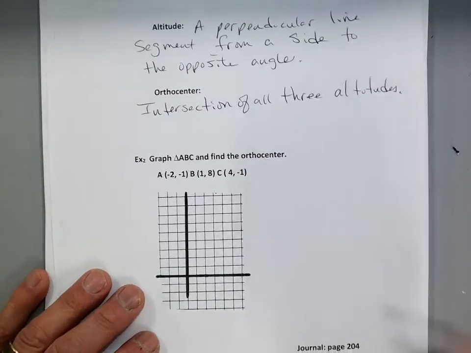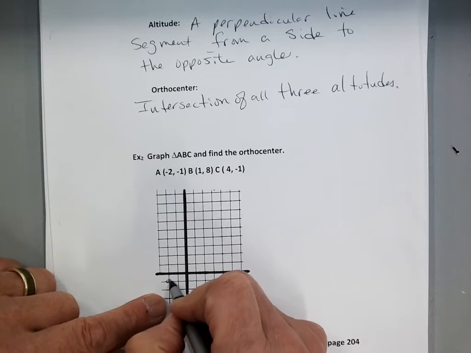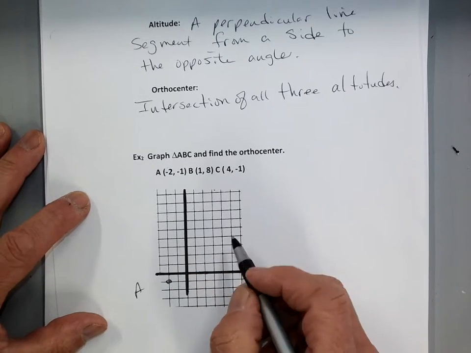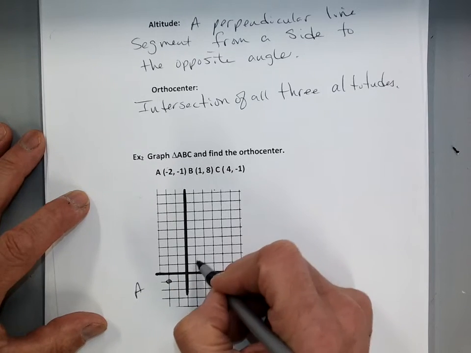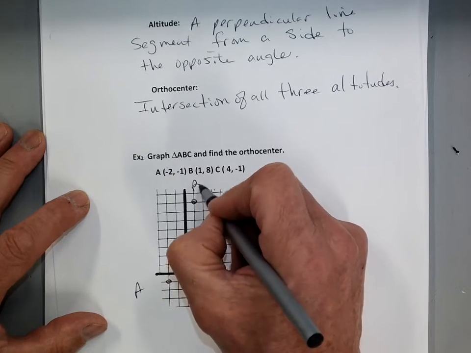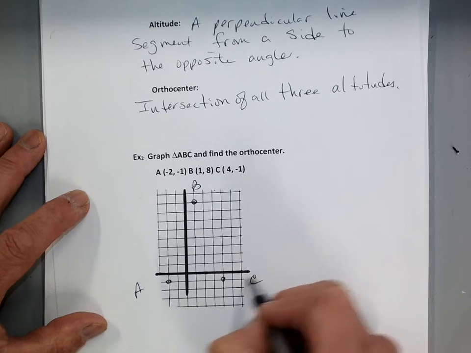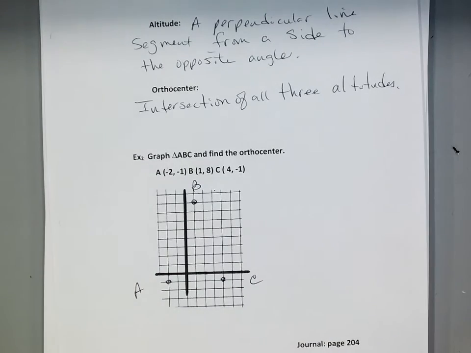Okay, now let's do one. Okay, so let's graph this. So I'm going to go ahead and go -2, -1. There's point A. 1, 2, 3, 4, 5, 6, 7, 8. There's B. 1, 2, 3, 4, -1. There's C. Okay, let me go ahead and draw in my triangle.